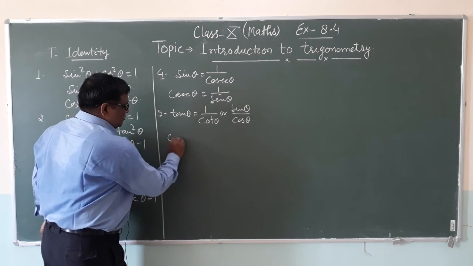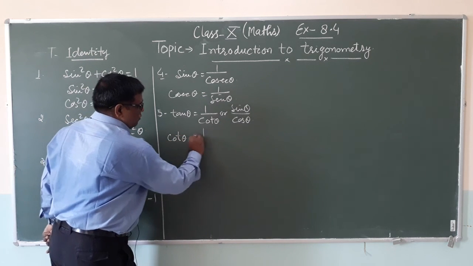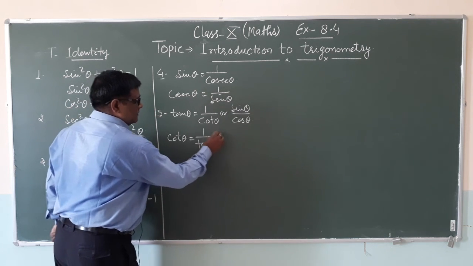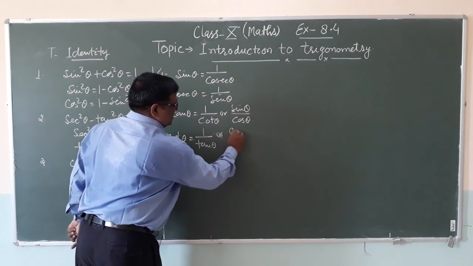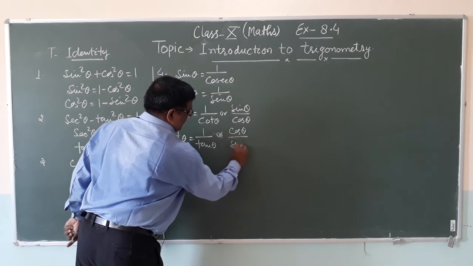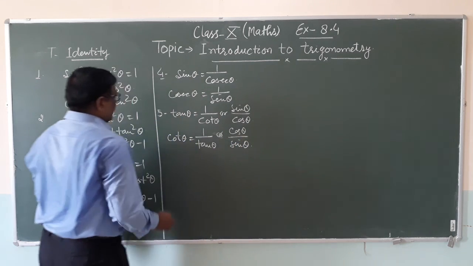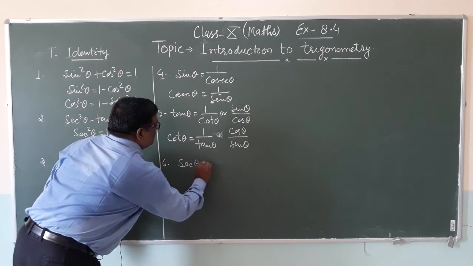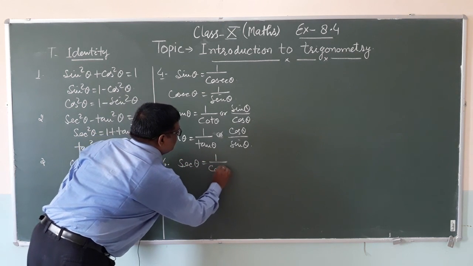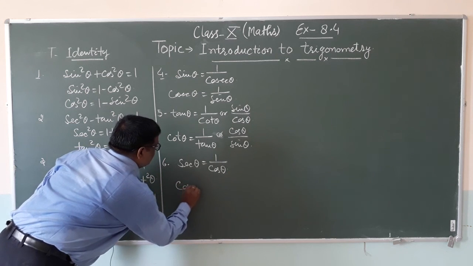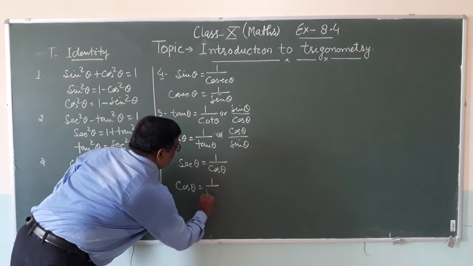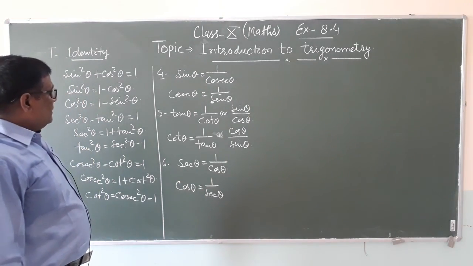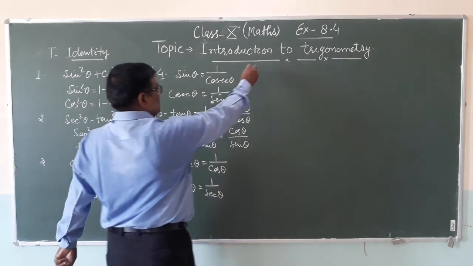Again, cot theta is equal to 1 upon tan theta, and this can also be written as cos theta upon sine theta. Now the sixth is sec theta is equal to 1 upon cos theta, and cos theta is equal to 1 upon sec theta. These are the formulas we can use in some questions.